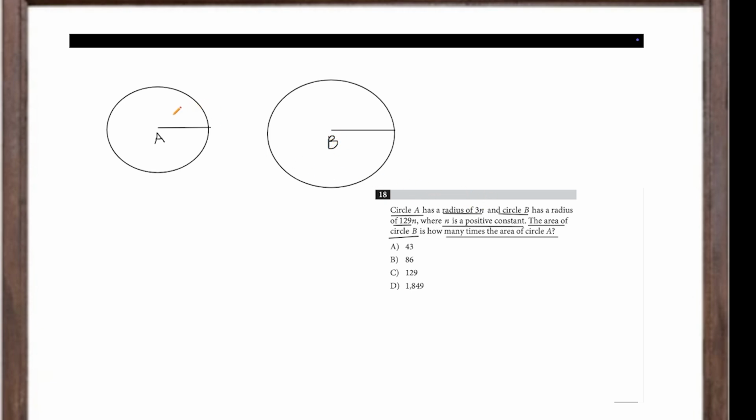We're going to have circle B on the right side, which is going to be the bigger circle. So we know that if we have a radius of 3n as shown in the equation, we're going to have radius 3n for circle A. We have a radius of 129n for circle B. We know the equation for the area of a circle is area is equal to pi r squared.